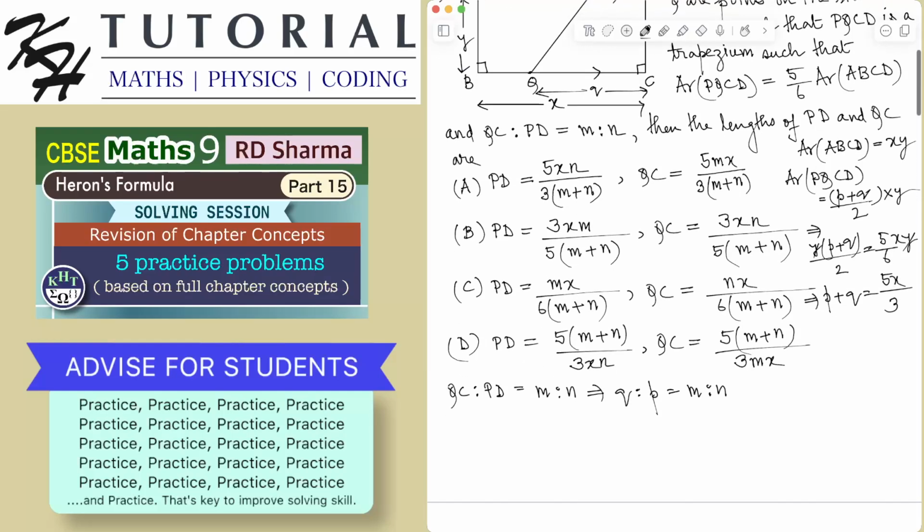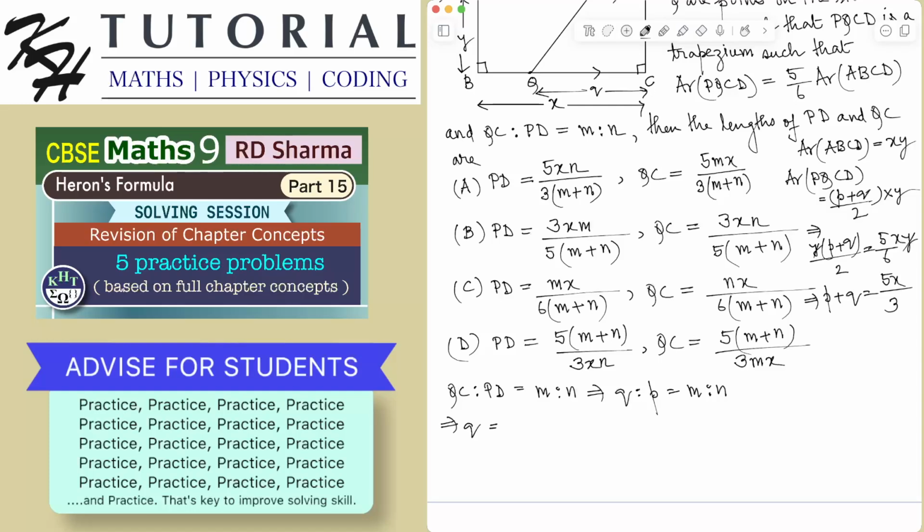From here, we can clearly say, based on the concept of ratio and proportion, that q is to p is m is to n. Okay. And we also know that p plus q is equal to 5x by 3.